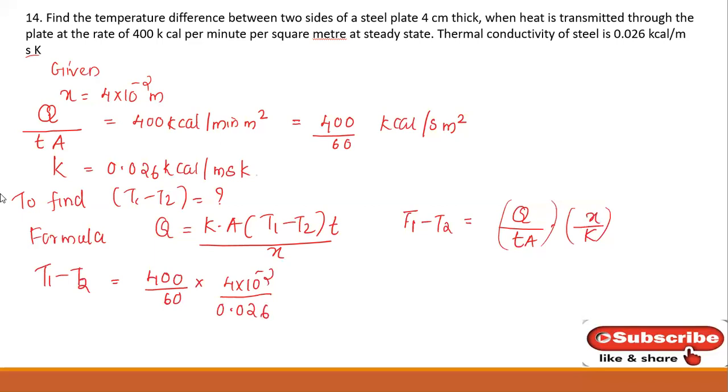On substituting the values and solving, we will get 10.26 degrees Celsius. This is the temperature difference between the two sides of a steel plate.